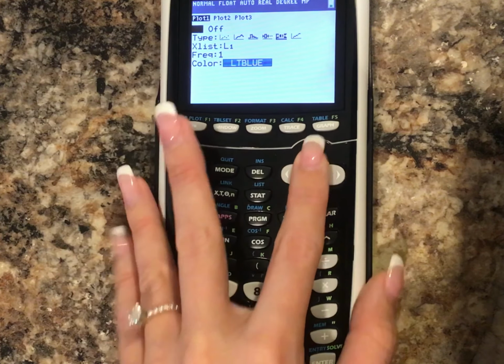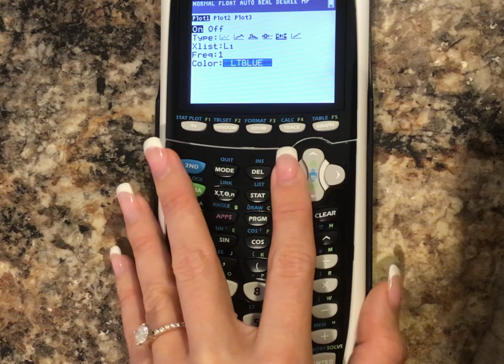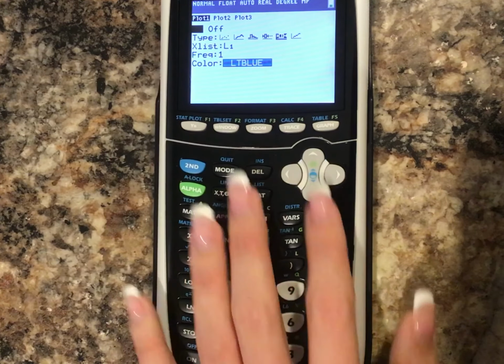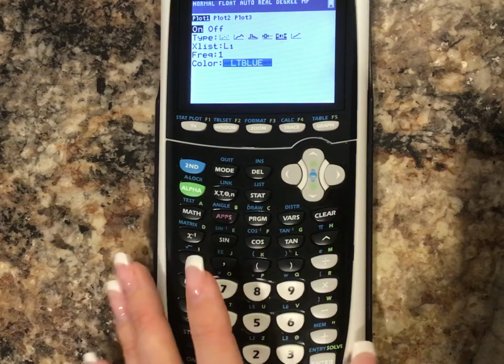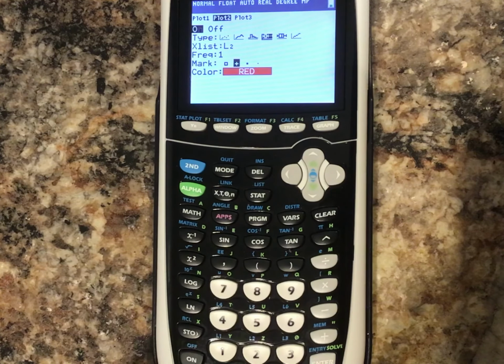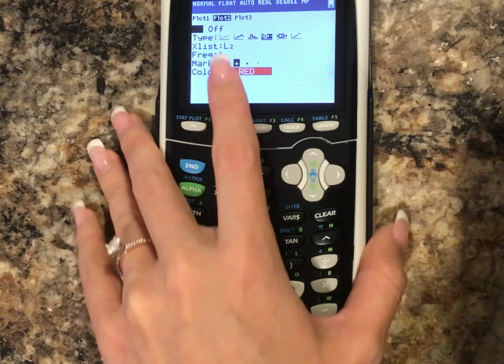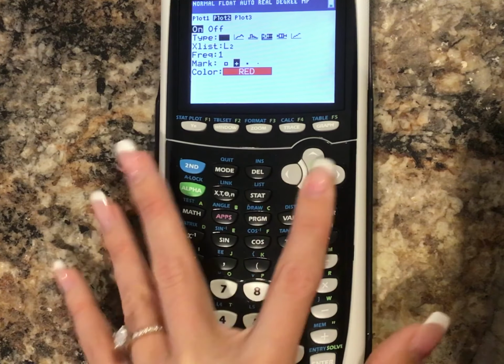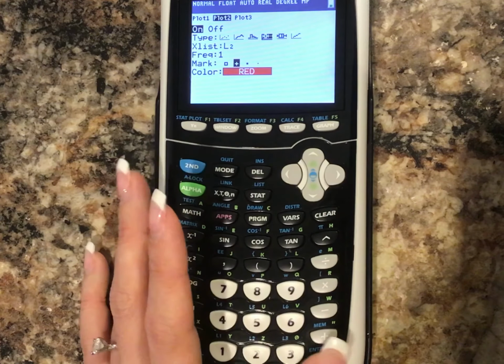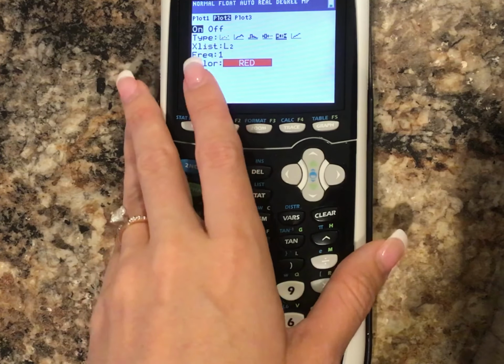Okay, so make sure if you're up here, make sure you haven't got it clicked as off, make sure it is on. Then coming back up to the top, let's go to plot 2. Again, make sure you've got it turned on. Then the type of graph that I want to do, again, I'm just going to do a normal box plot. This is going to be for list 2.